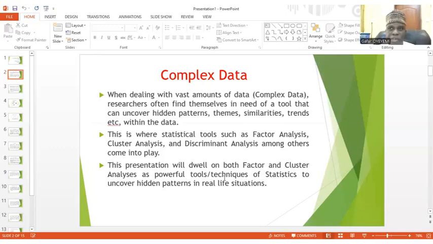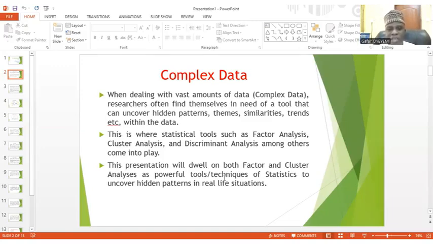In fact, in most cases, the number of variables is likely to be even more than the number of observations, when we talk of microarray data and genomic data and so on. So when dealing with such a vast amount of data, or what we call complex data, researchers often find themselves in need of tools that can be used to uncover the hidden patterns, themes, similarities, even trends that may be inherent in such data.